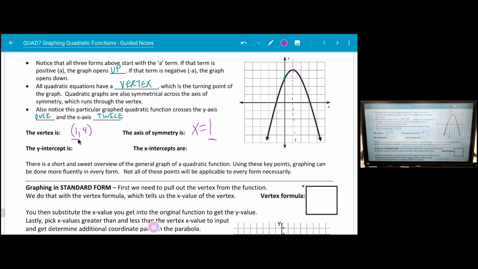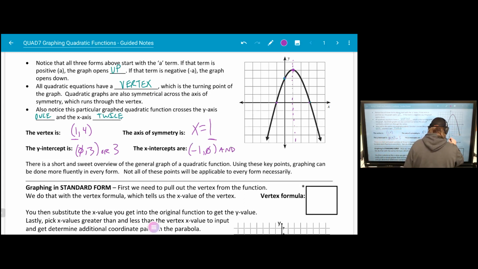Interesting. The y-intercept in this case is 3, or you could put it as 0, 3 as a coordinate point, or you could just say 3. The x-intercepts, I've got 2 of them, here and here, at -1, 0, and 3, 0.